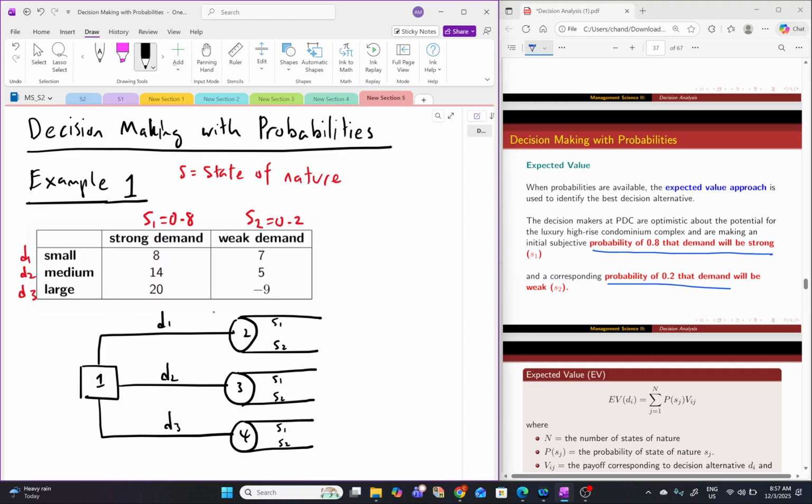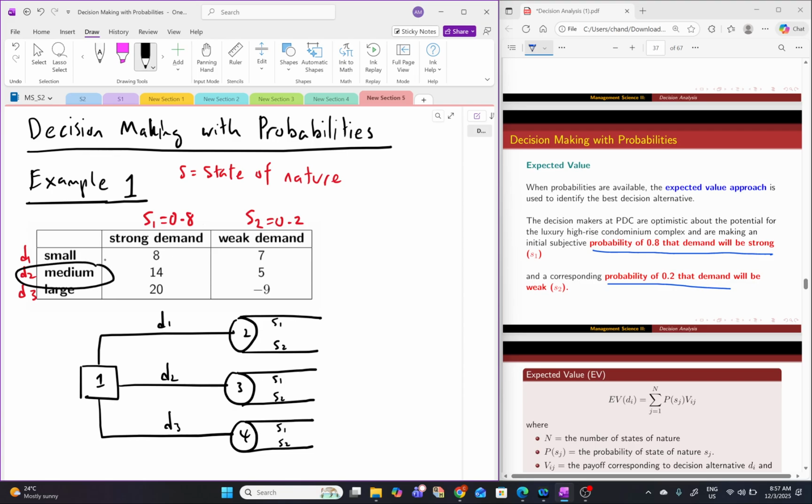Now, the number inside the table is actually the profit the company will get. Let's say there's a strong demand, people want to buy more, and the company wants to build a small condominium, berapa profit dia dapat? 8, contohlah 8 million.